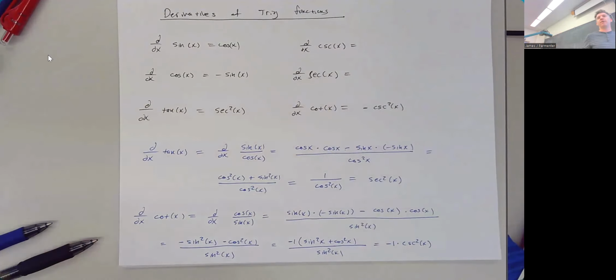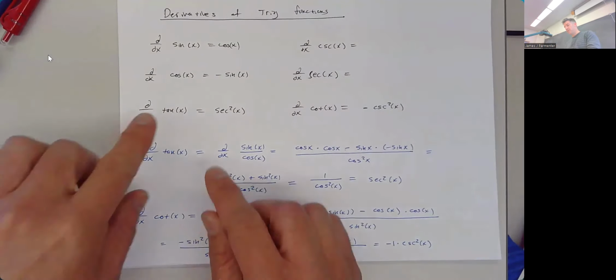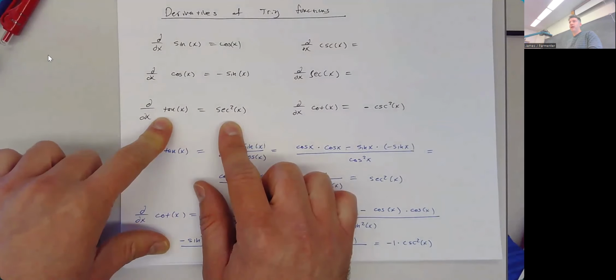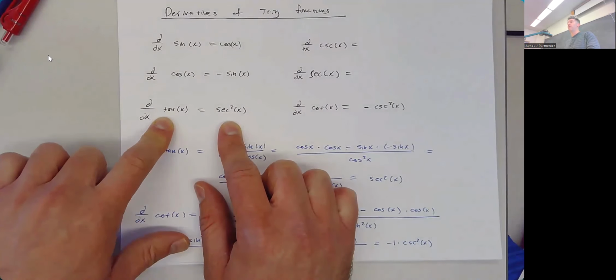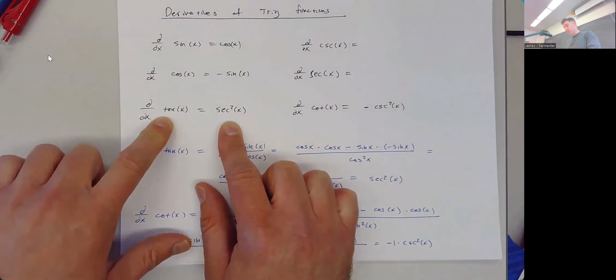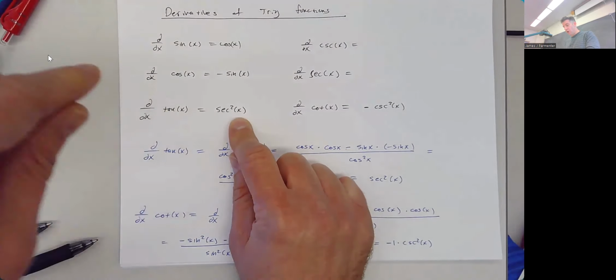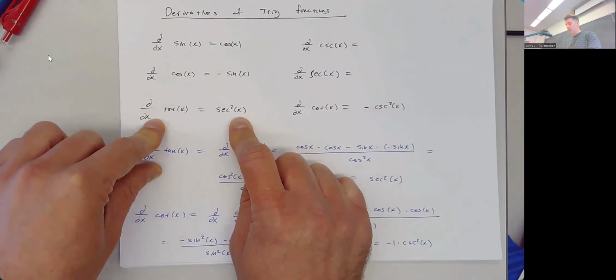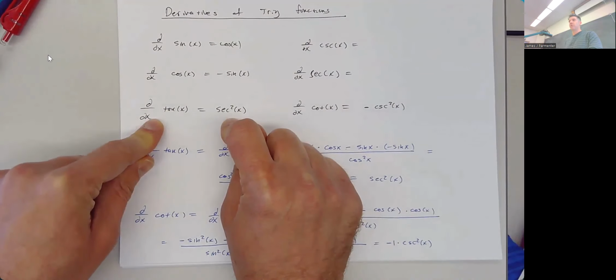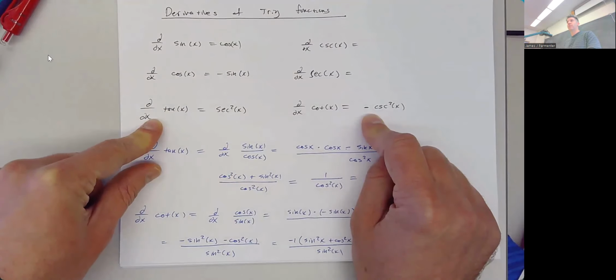Listen to the words I'm about to say. The derivative of tangent is secant squared x. I'm going to put a co in front of each of those words. So the derivative of tangent gives me secant squared. The derivative of cotangent gives me cosecant squared, but it's negative.